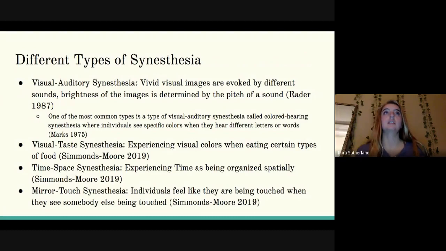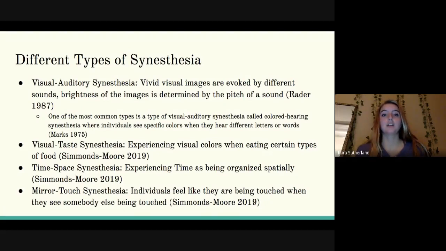So in the case of the study, it was reversed, where they were seeing the color and the sound was coming in as they were experiencing the color. But usually for colored hearing synesthesia, they're hearing a sound or reading a sound, and then they're seeing specific colors.